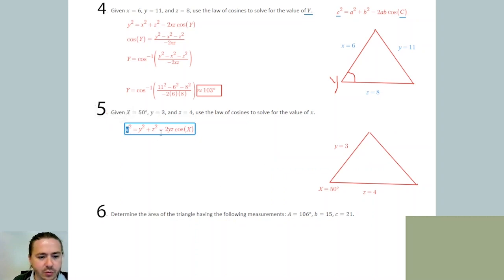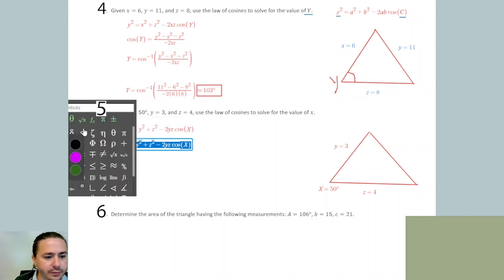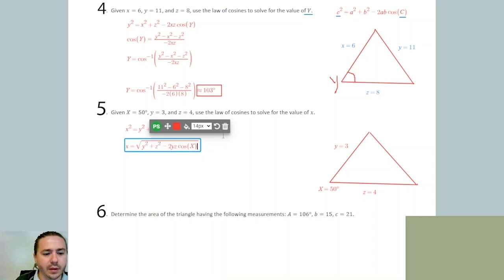We're going to need to take the square root of both sides, and I'll do that and substitute everything right after that. Just take the square root of this entire side here. There we go.